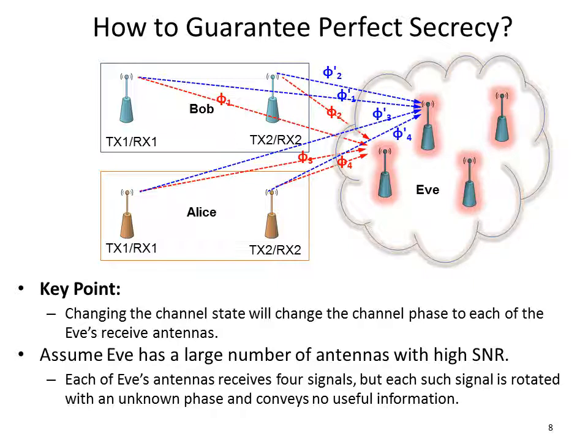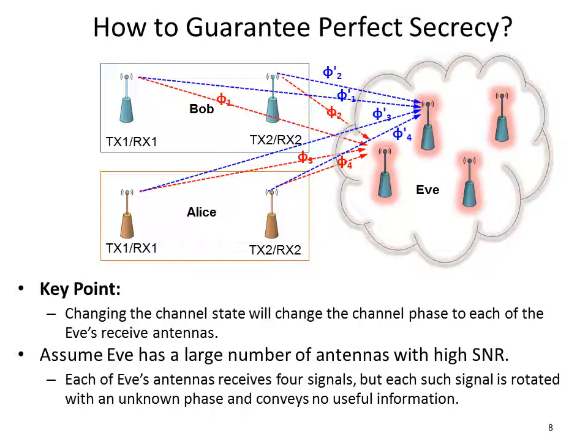For this reason, we will deploy two antennas at each unit. Bob has two antennas. Alice also has two antennas. Each antenna of Alice and Bob can be used to transmit or to receive.